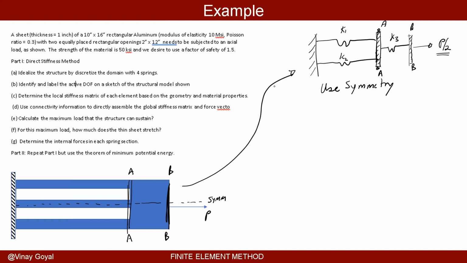So let's start by making a sketch of one spring. In that sketch, we identify one node, which is i, with displacement di, and we have another node at the end represented by the displacement dj, right?